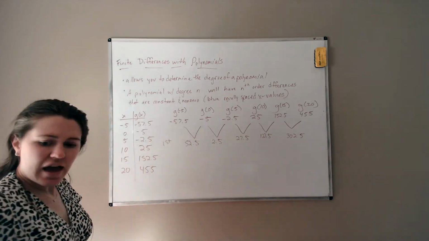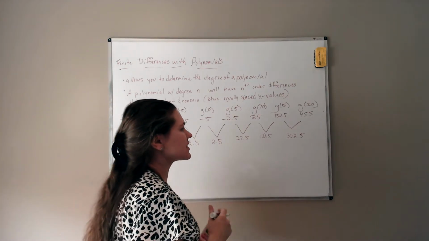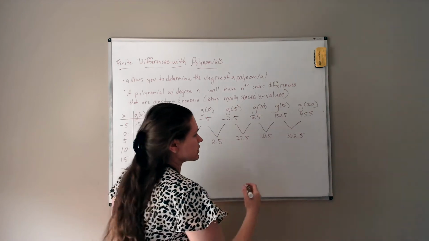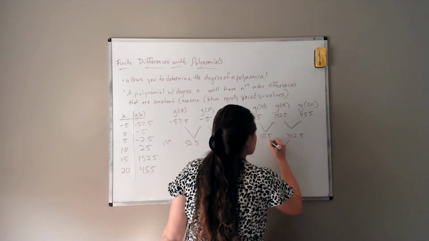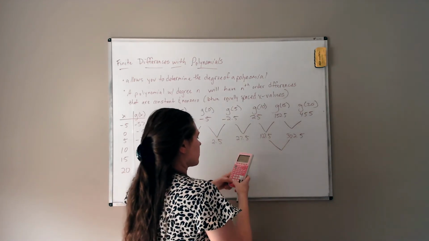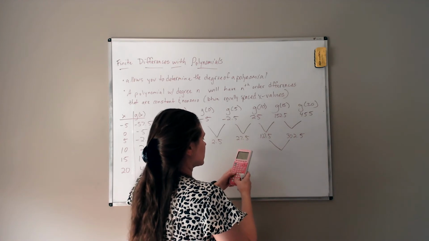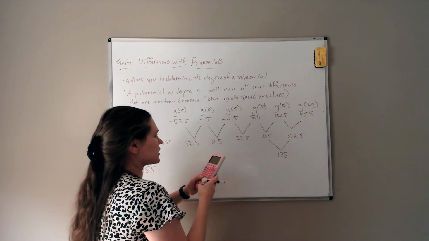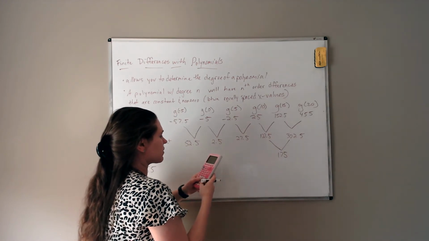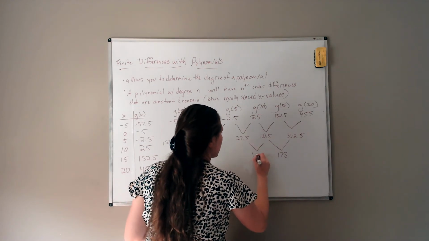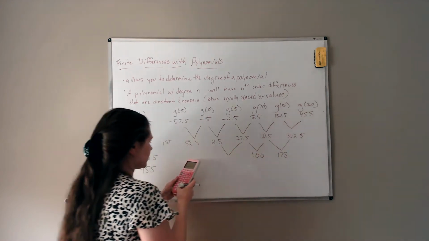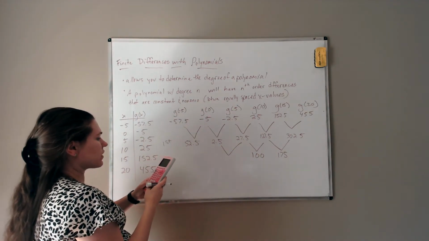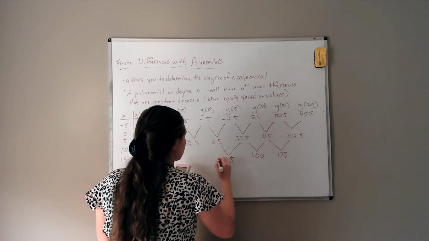So now we're going to get what's called the second order of differences. We subtract these differences. 302.5 minus 127.5 puts us at 175. 127.5 minus 27.5 puts us at 100. What's 27.5 minus 2.5? 25.